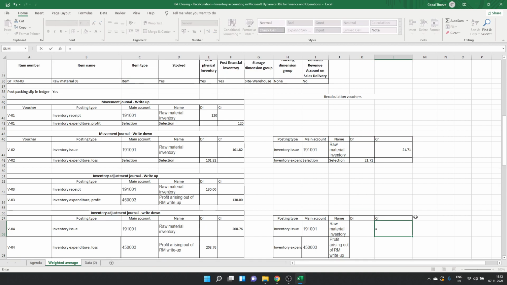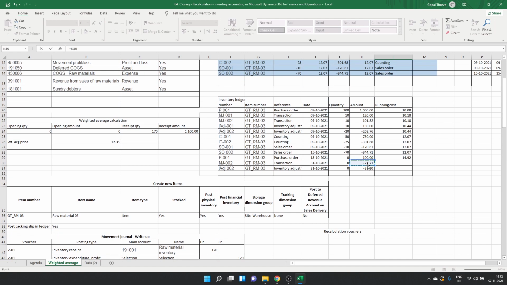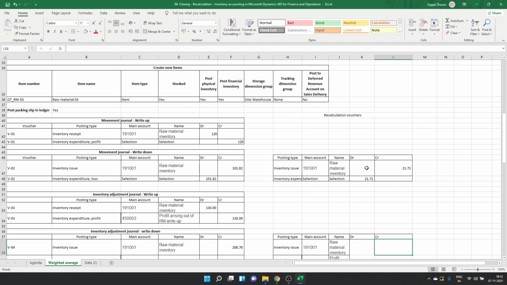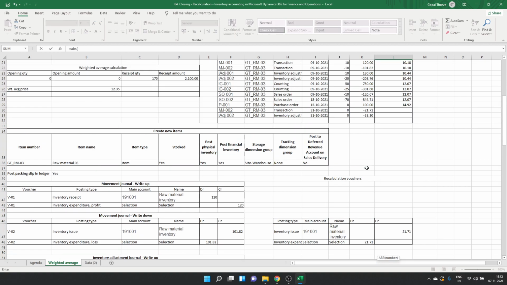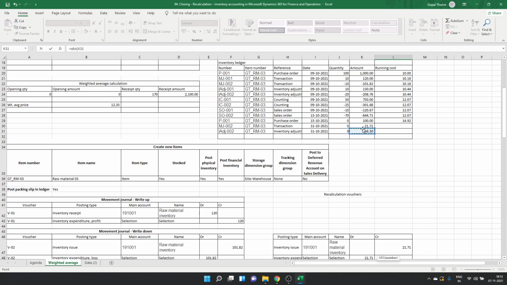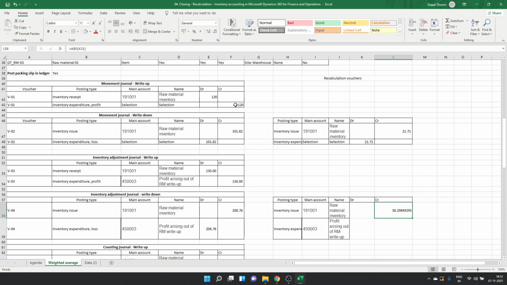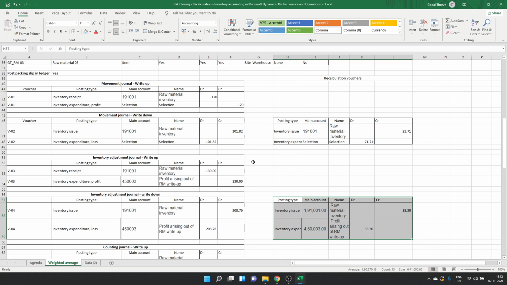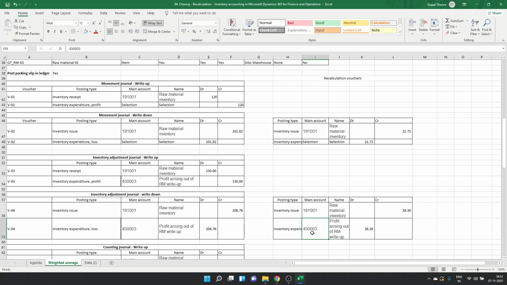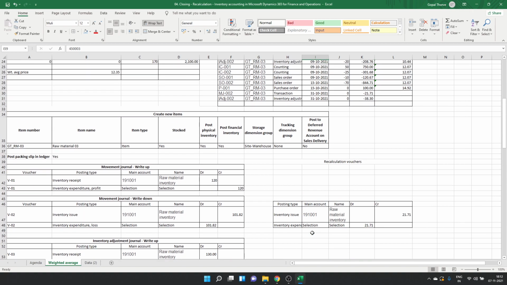The additional inventory will be credited, the absolute value, and that amount will go into my inventory loss, inventory expenditure loss. Okay, so this is how it happens. So this is the second transaction.